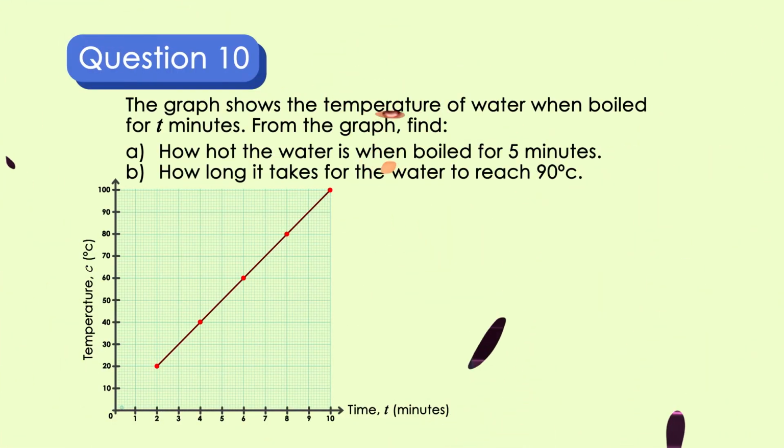Now, we will try to interpret graphs. The graph shows the temperature of water when boiled for T minutes. From the graph, find the temperature of the hot water when boiled for 5 minutes. And next, find how long it takes for the water to reach 90 degrees Celsius.